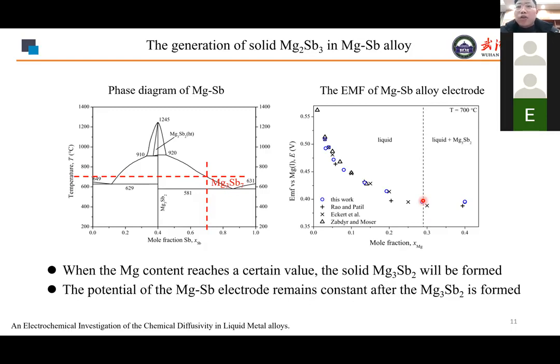Therefore, in terms of thermodynamics, the formation of the solid phase is a spontaneous reaction. We can even accurately predict when the solid phase will be formed if the positive alloy is homogeneous.